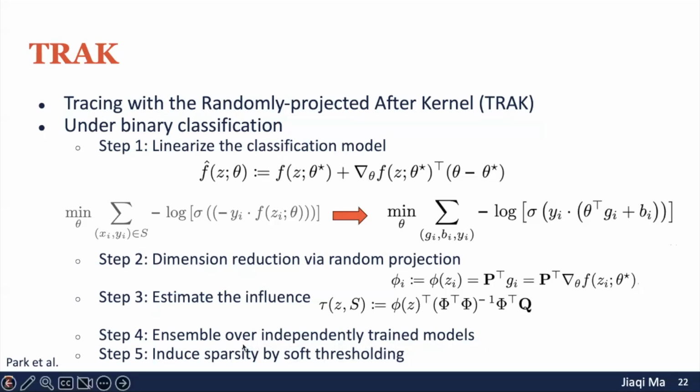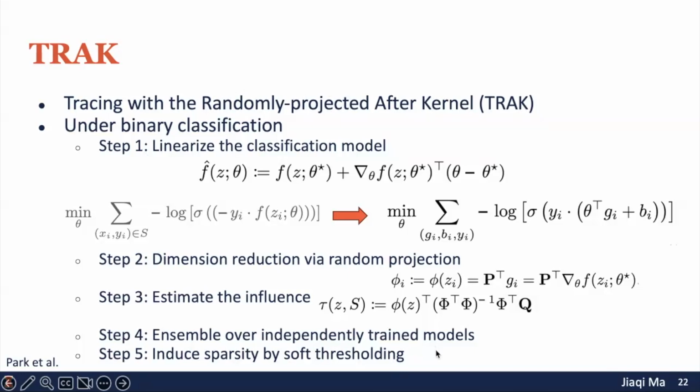Another trick is sparsity. The scores are post-processed by soft thresholding to make small values zero. So this is the whole process of TRAK.